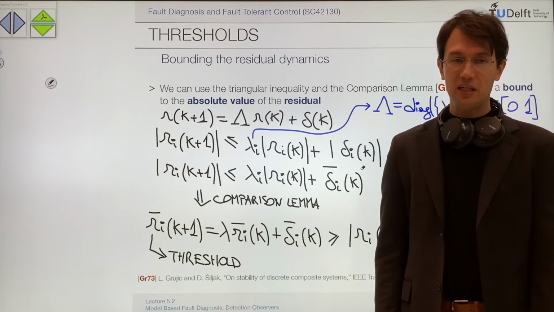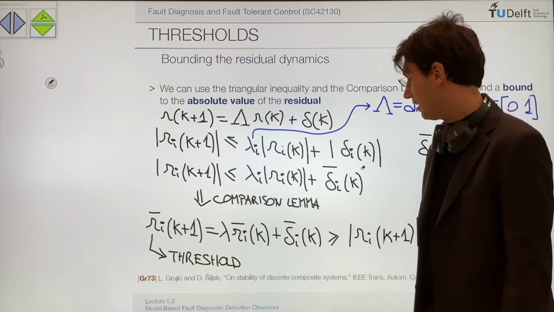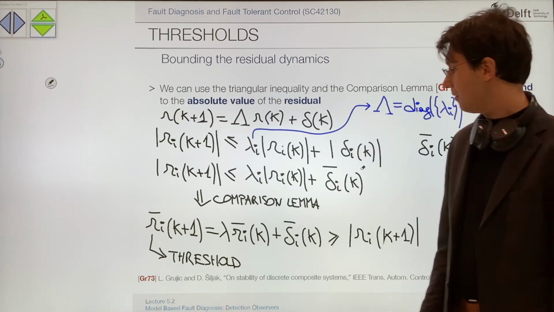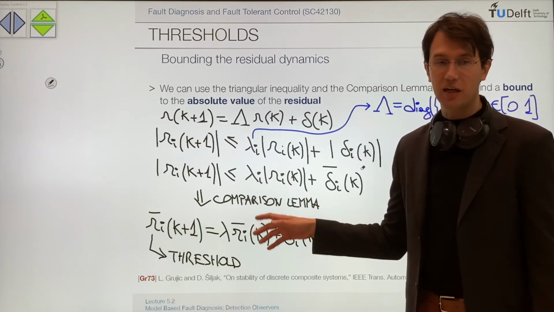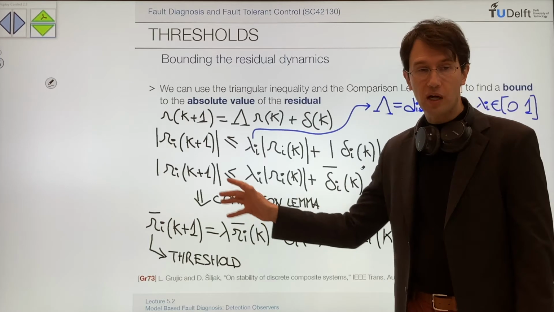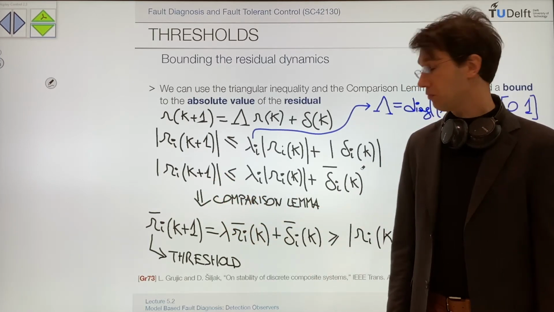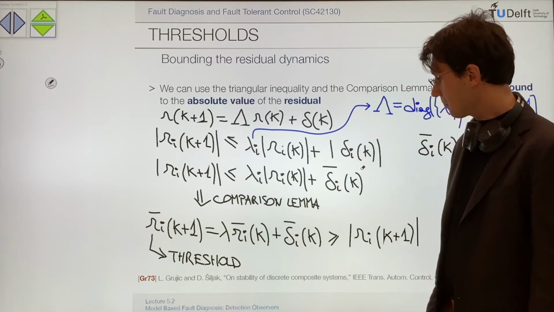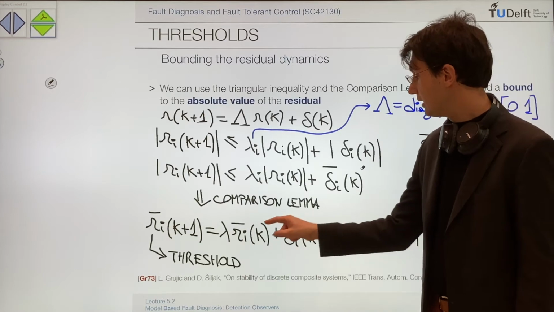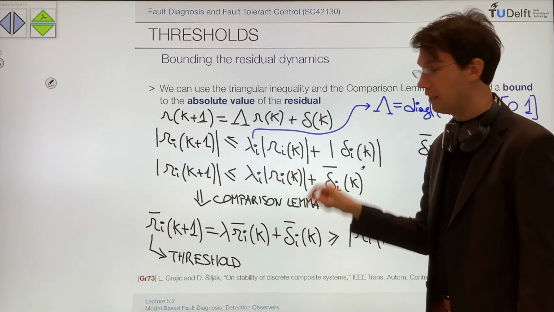And now you can see, okay, but then it is like saying we already solved the problem, assuming we solved the problem. But indeed, here you can say, okay, but there is some circularity. So the way to show how this works is to start at time 0. So at time 0, we define an R over bar that, by assumption, at time 0 is bigger than the absolute value of R at time 0.